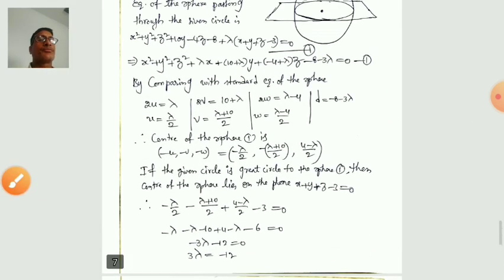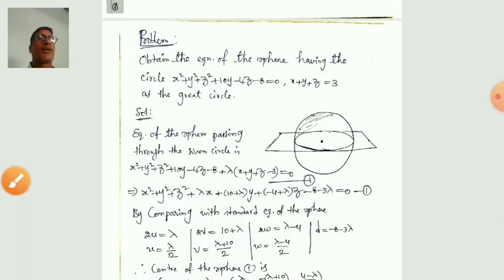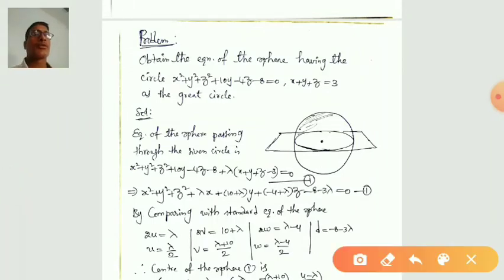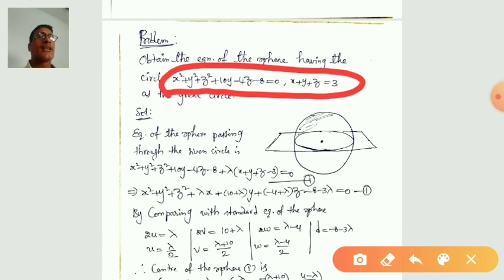Here, what is given in the problem? In the problem, you are given the equation of a circle in terms of two equations. Then we have to find the equation of the sphere for which the circle is the great circle.